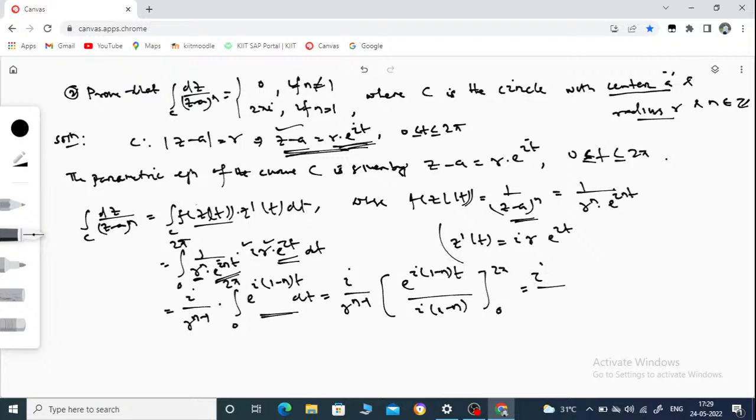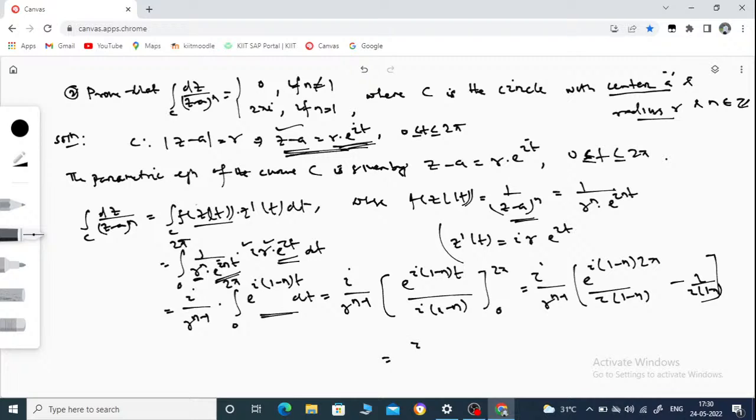Then this is I divided by r to the power n minus 1 whole into, in place of t if I put 2 pi, then this will be e to the power I whole into 1 minus n 2 pi divided by I whole into 1 minus n, minus, in place of t if I put 0, e to the power 0, that will be 1 divided by I whole into 1 minus n.